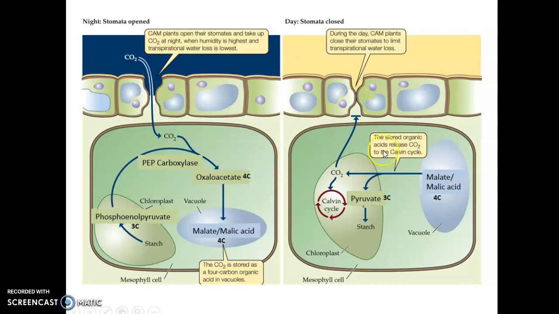So this is the mechanism of how photorespiration is minimized in CAM plants. At first there is no problem because the enzyme is PEP carboxylase, and at the second carbon fixation, the concentration of carbon dioxide is high compared to oxygen, so Rubisco has no choice; it will fix the carbon dioxide with RuBP.